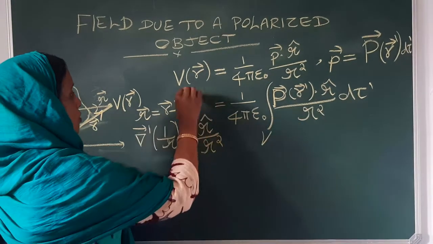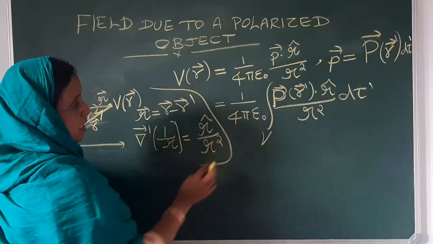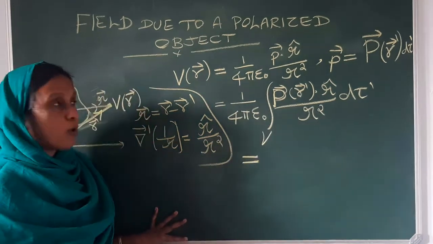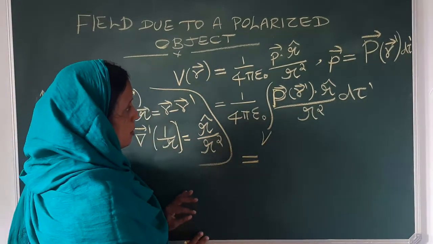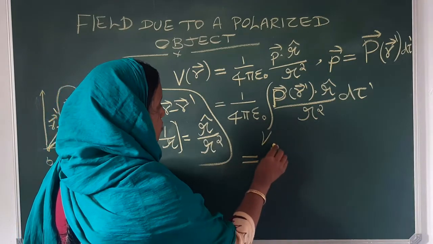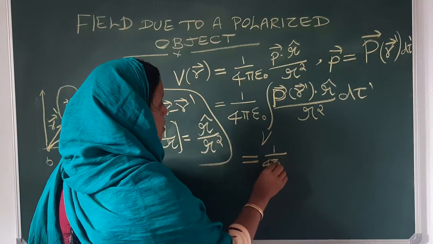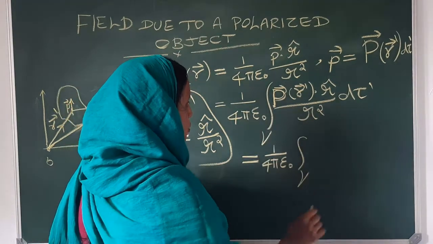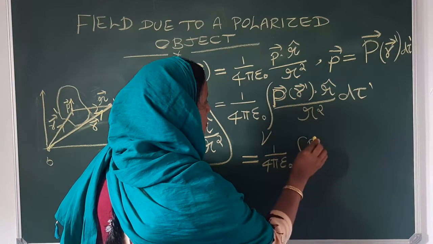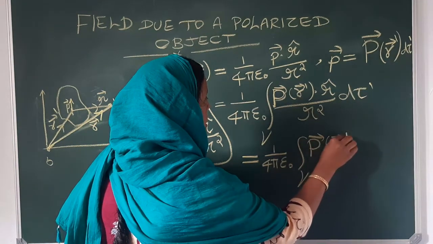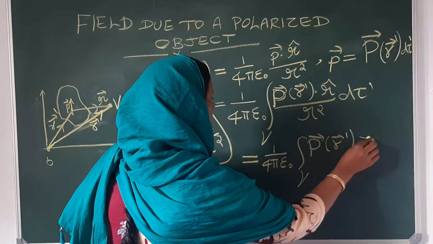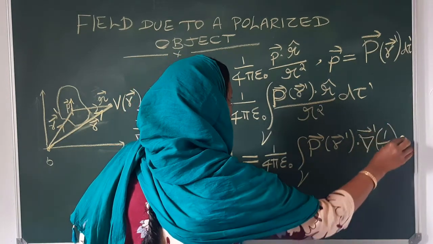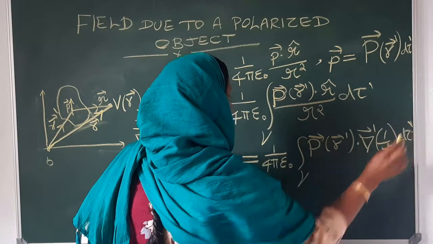So using this in the expression, you can write the potential due to the polarized object as 1 by 4 pi epsilon 0, volume integral of the polarization vector P of R prime dot gradient over the primed system of 1 by R, d tau prime.